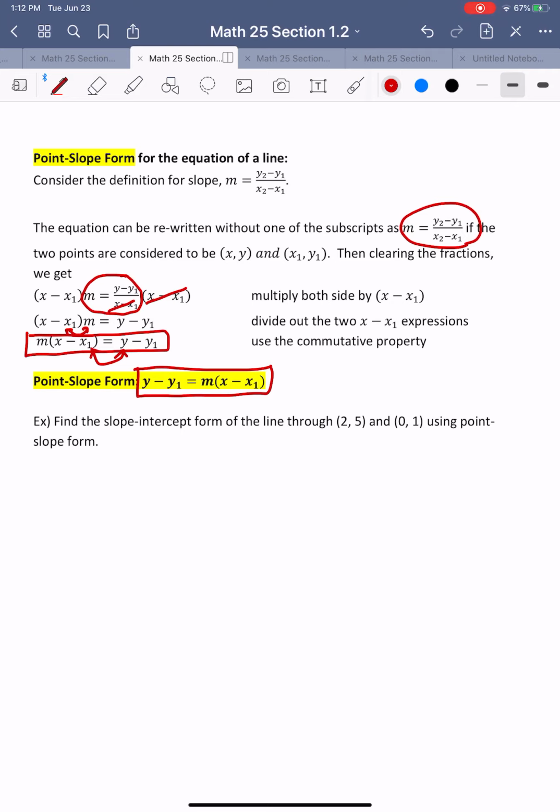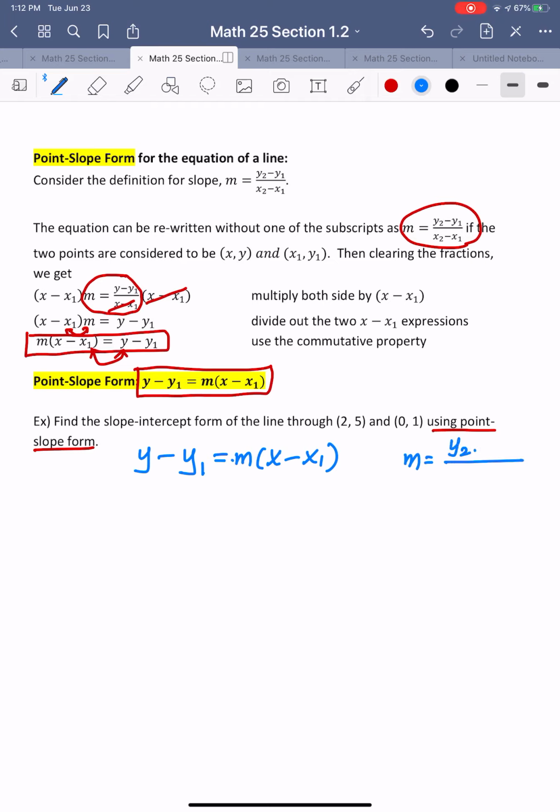So find the equation of the line through the points (0, 1) and (2, 5) using the point slope form. So you've got to use the point slope form: y minus y sub 1 equal to m times x minus x sub 1. But we don't know the slope yet, so we know how to find the slope, right?